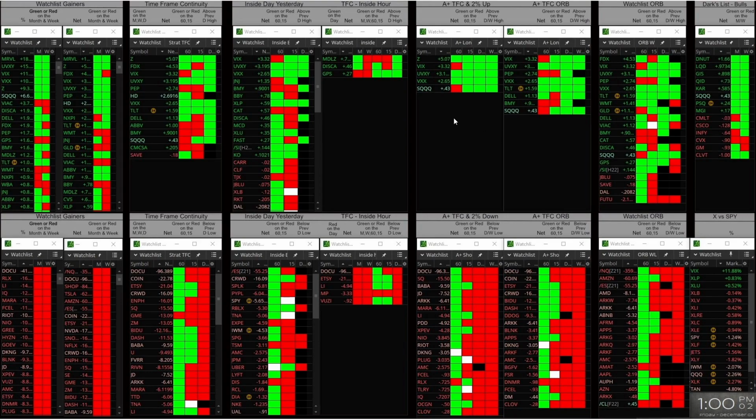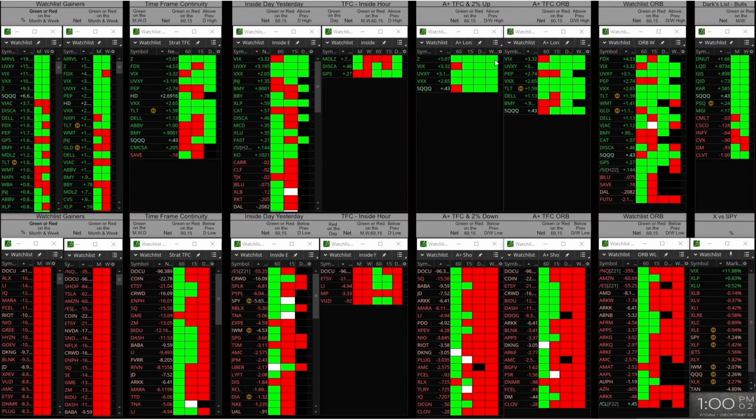So what we have here for the TFC plus 2% up is TFC green on the month, week, and day. Okay. Also, is it green on the 60 or the 15? Okay. Is it above the previous day's high, trading above the previous day's high?